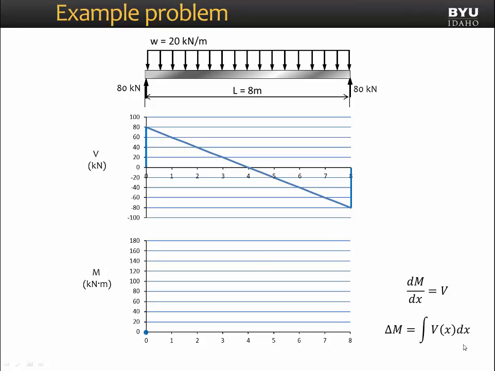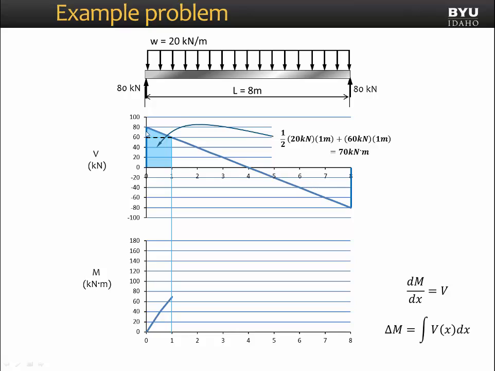Now we can use the next rule, which is that the change in moment between any 2 points is equal to the integral of the shear diagram. Let's use that to calculate points on our moment diagram. First, let's look at x equals 1 meter. We can calculate where we will be on our moment diagram by integrating the area under the shear diagram.